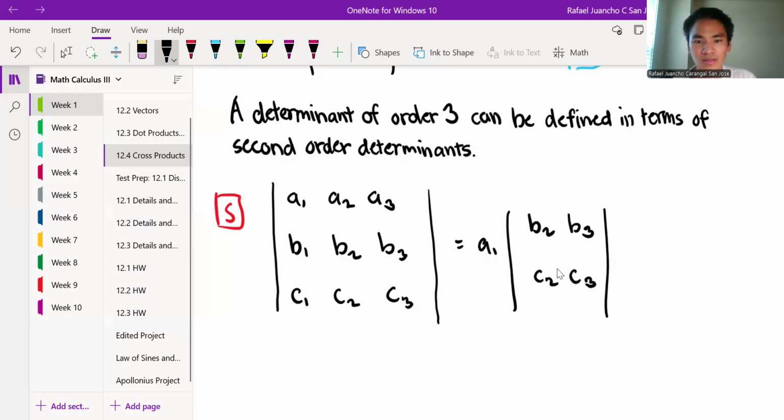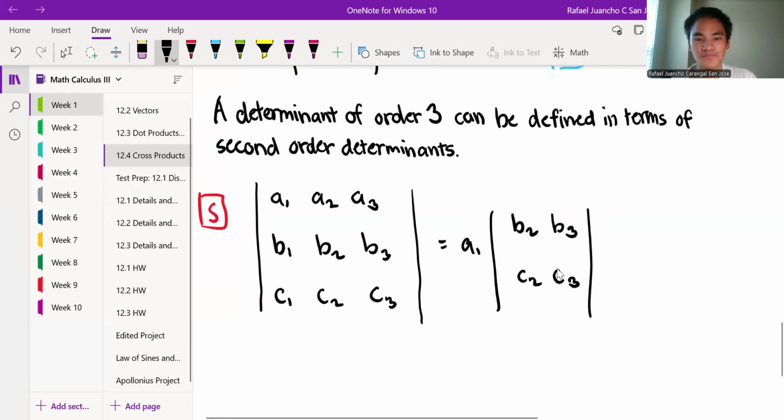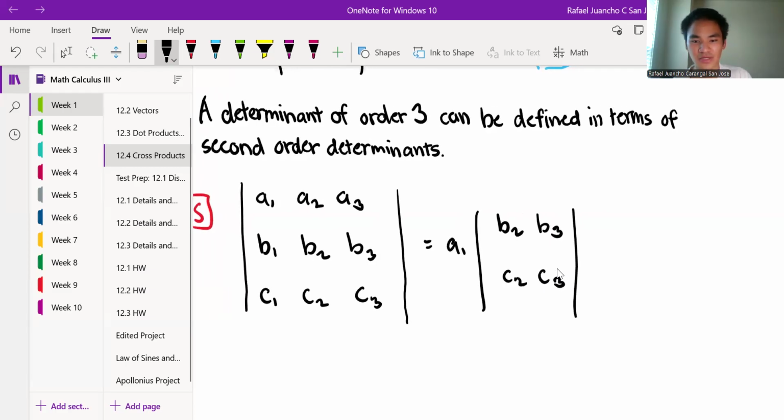Right? Okay, we keep going. Minus A2. So what's the idea here? I'll show you guys in a bit. A2, so we probably have B1, B3.